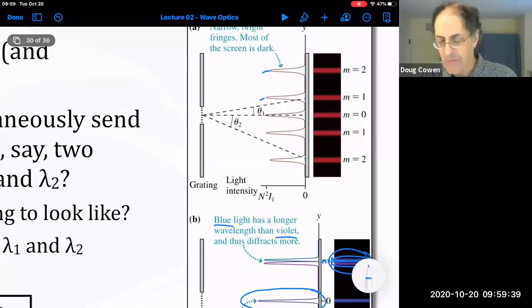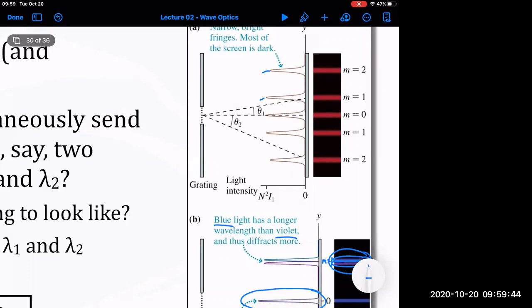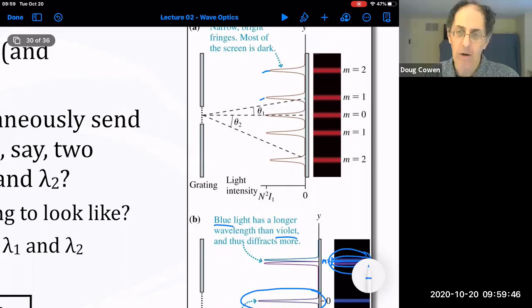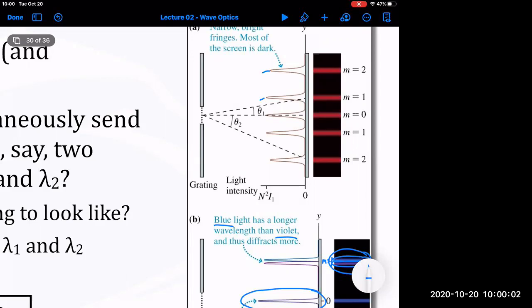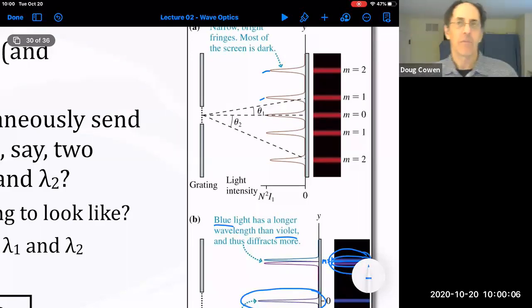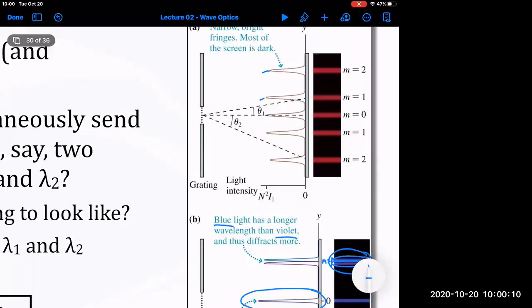That's one of the advantages of a diffraction grating: if you have a very large number of slits or grooves, then the intensity at each order as you move away from the central maximum does not decrease as quickly. Basically, what the diffraction grating does is send the light at a particular wavelength in a very, very particular direction.